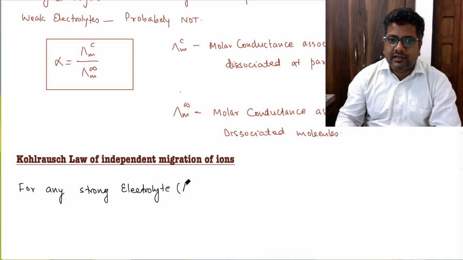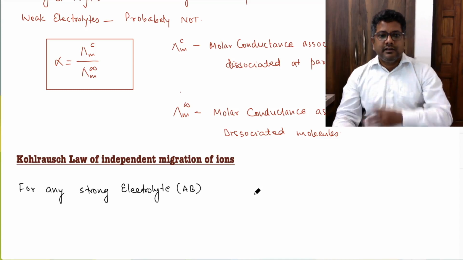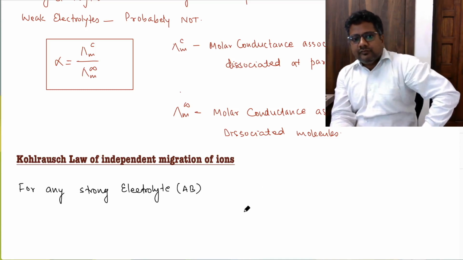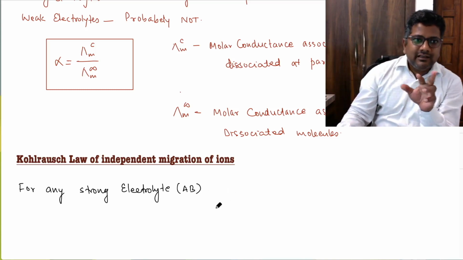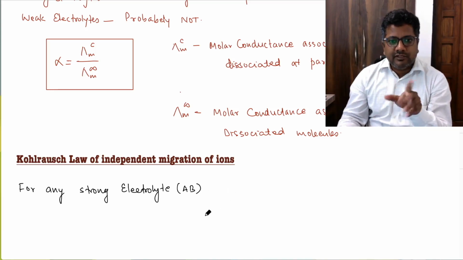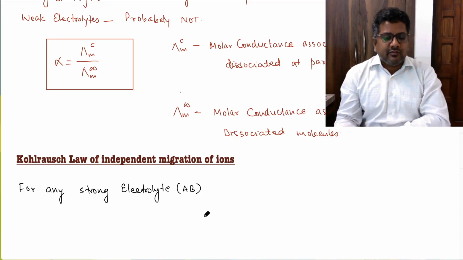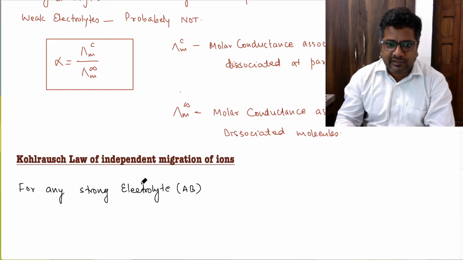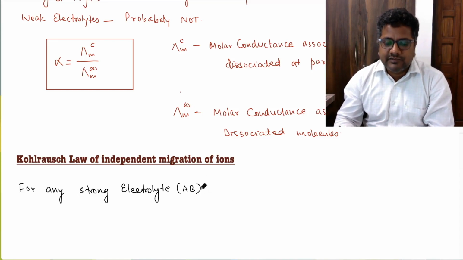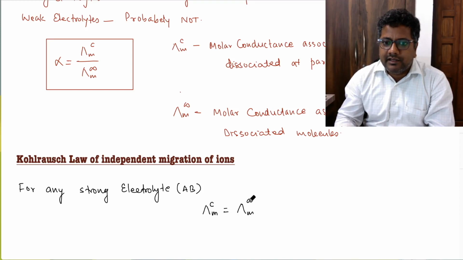I am taking AB here, because if you take a different electrolyte like A2B or AB3, there is a little change in the formula, and you will see that later. But I am considering AB, so this will be true every time. Lambda m at any particular concentration C is equal to lambda m infinite minus B root of C.